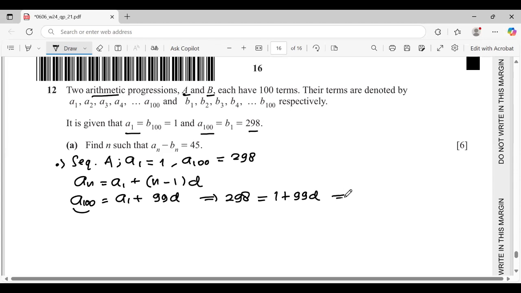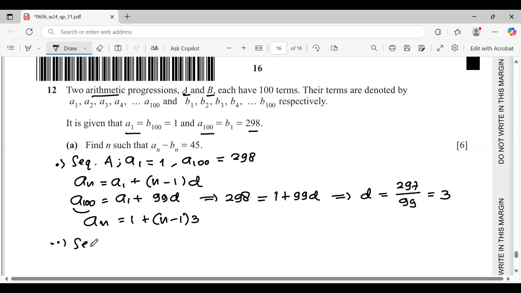We can determine d equal 297 over 99, which is 3. So sequence A becomes an equal 1 plus n minus 1 times 3.